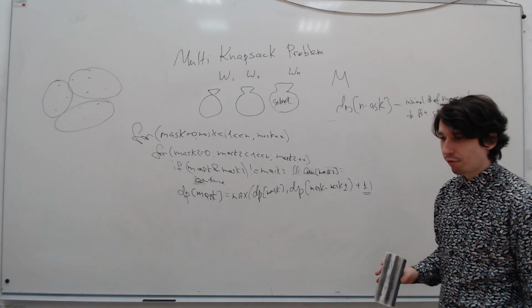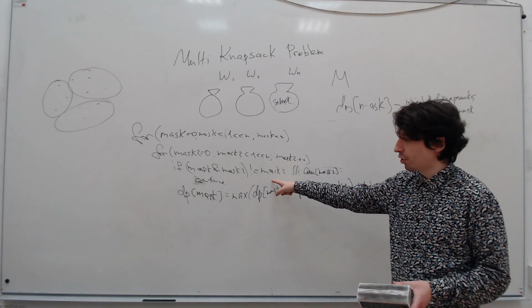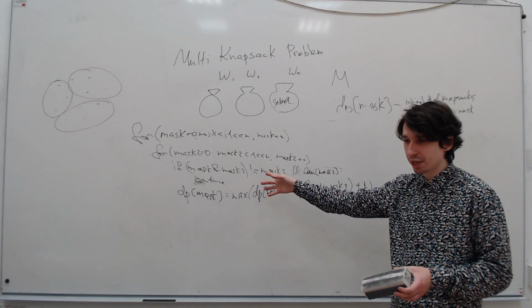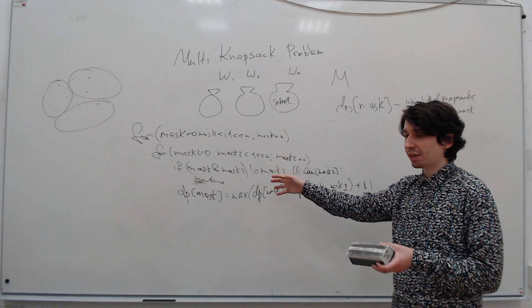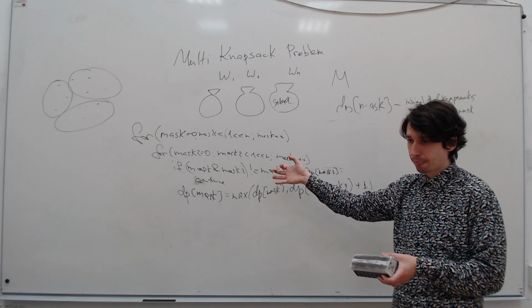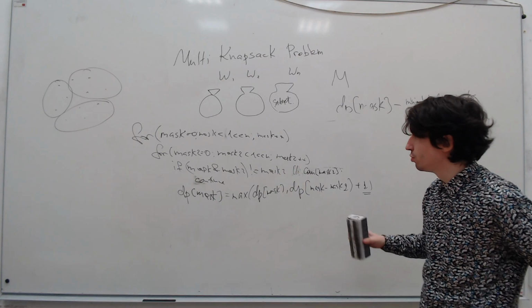Please note that for the mask2 we traverse only over the subsets, like we want only the sets that are subsets of mask. Only them and only them. So how to do that?